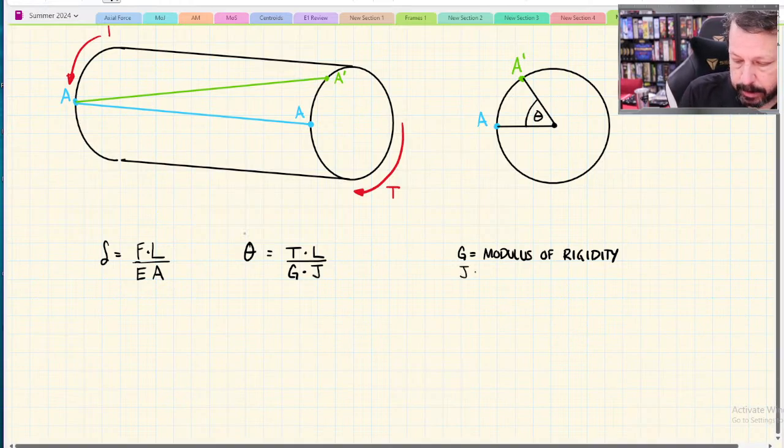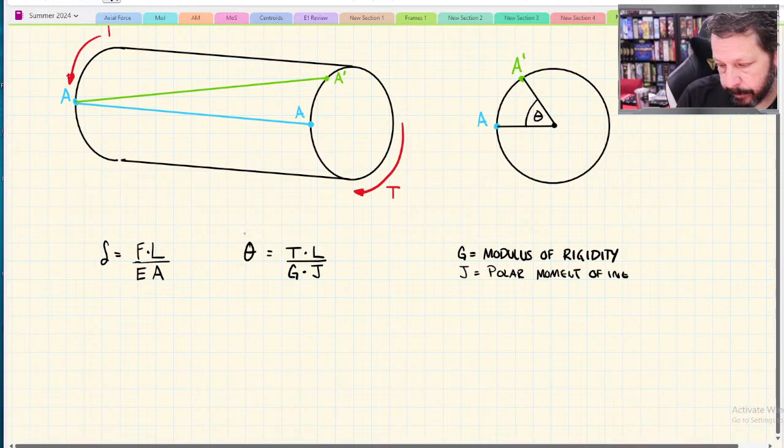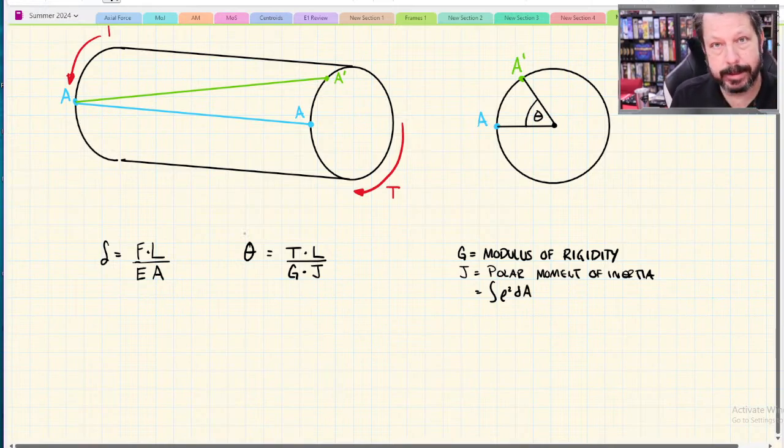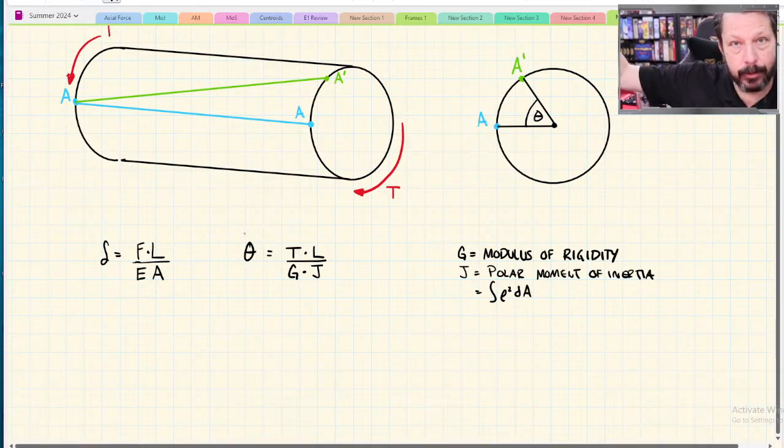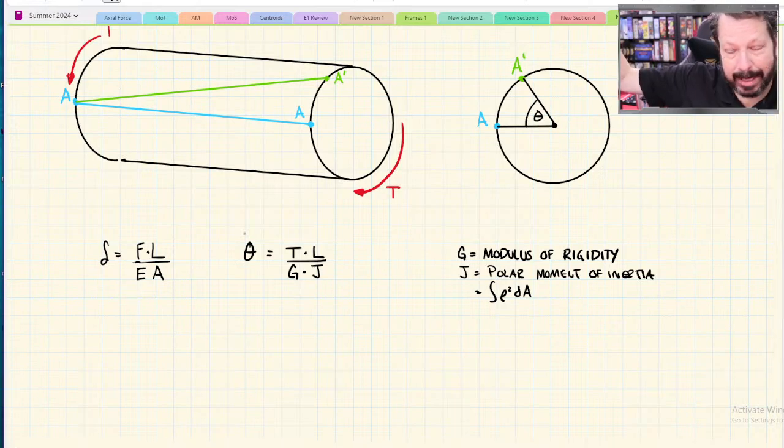Remember, J is the polar moment of inertia. It equals the integral of rho squared dA, where rho is the distance from the center outwards along a radial line.